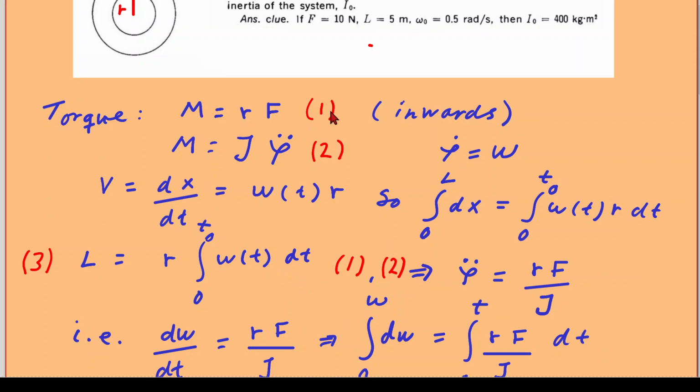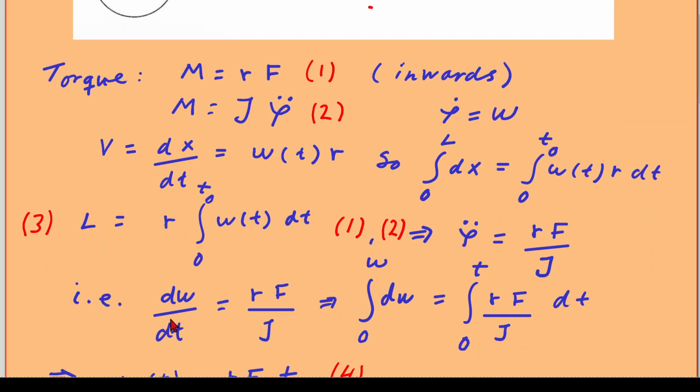And then we look at equation 1 and 2. And they should be equal, right? So the angular acceleration is r times F divided by J. So the angular acceleration is a constant. And the angular acceleration can be written like this, d omega dt, which is this constant here.